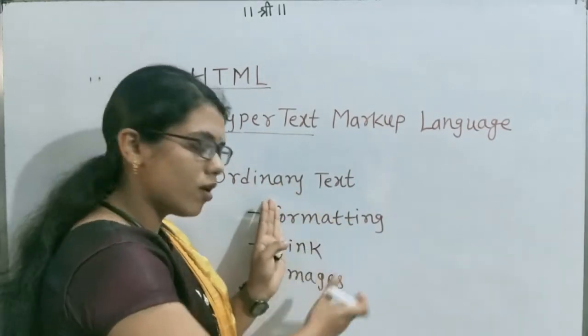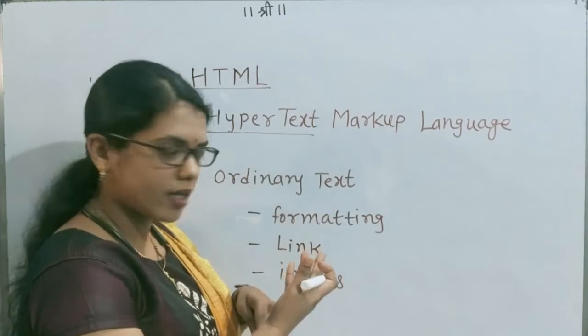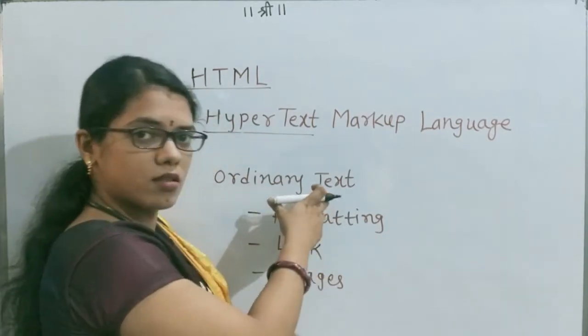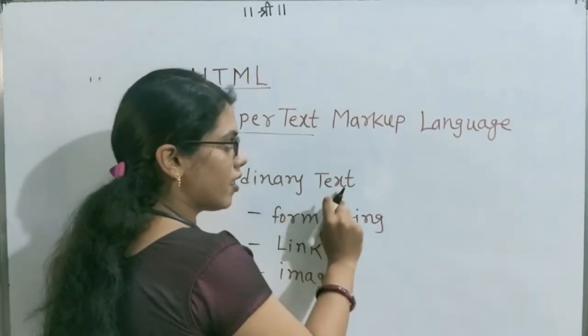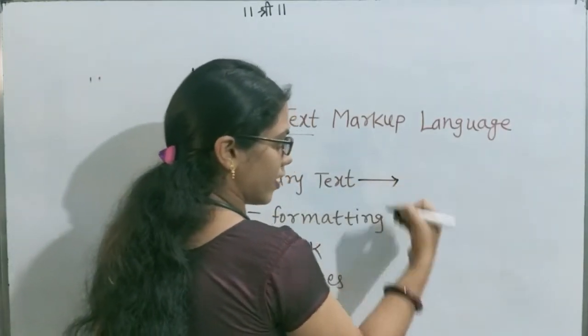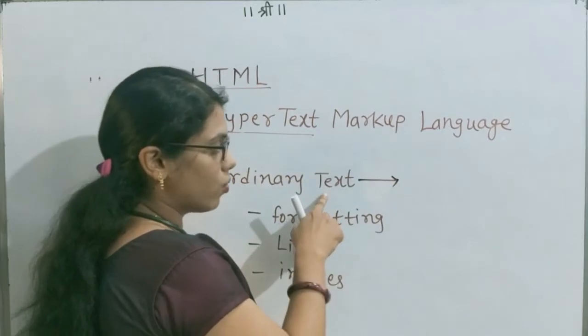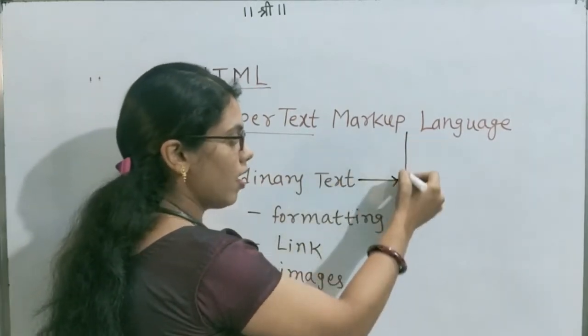When all these effects are applied to ordinary text, then ordinary text becomes extraordinary text. So your ordinary text is completely converted, and that conversion is performed by markup.